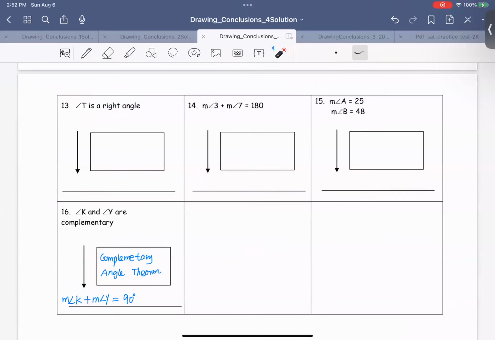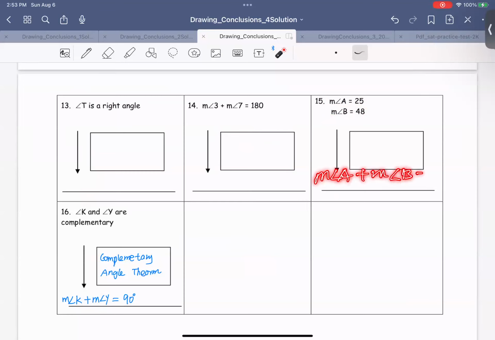Supplementary. Yeah, you will say angle 3 and angle 7 are supplementary. Yes, good. And that is because? Definition of supplementary angles. And then when you have two angle degrees listed, the thing you will think about is to add them, right? Yes.